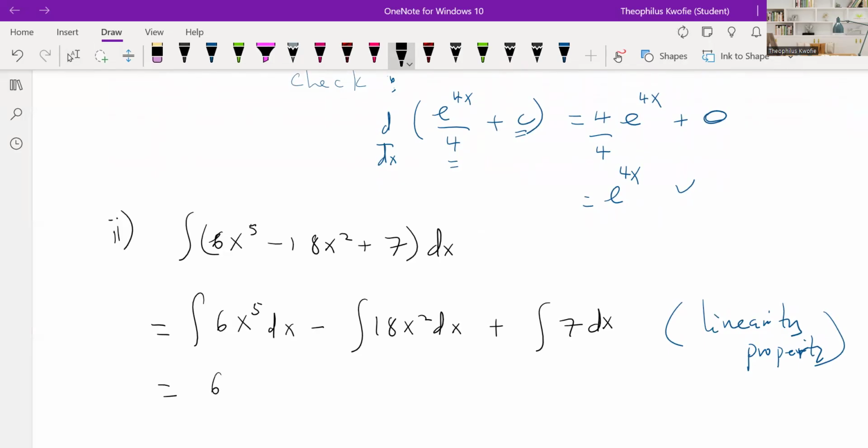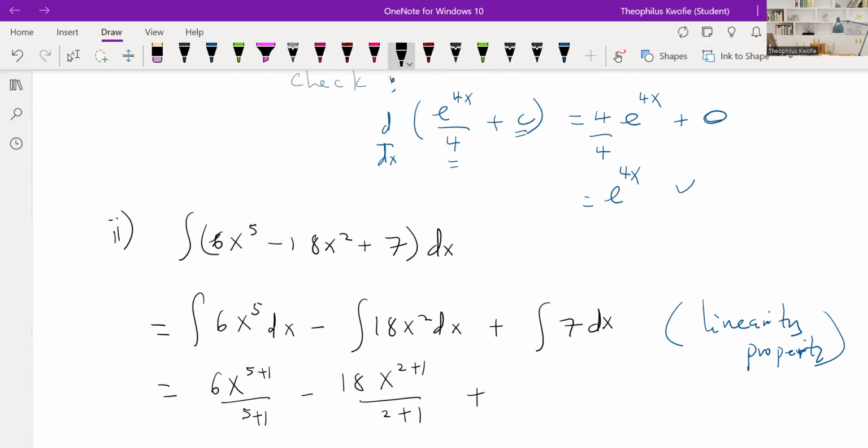So we add 1 to the power, which is 2 plus 1, then we divide it by the increased power.